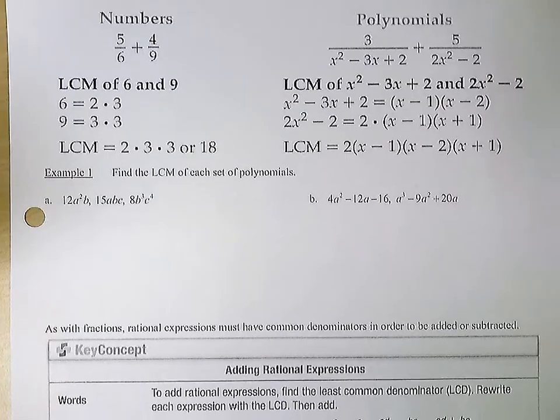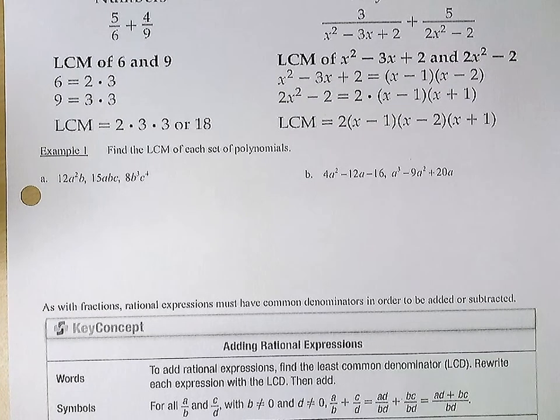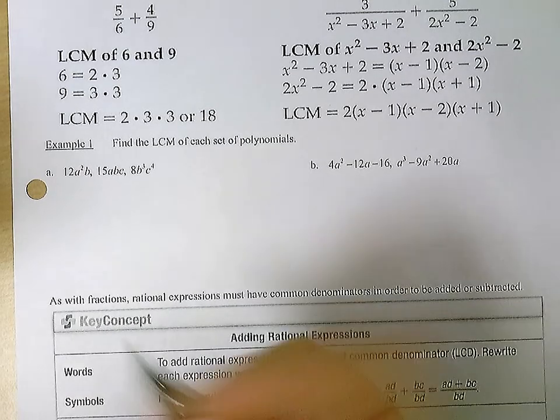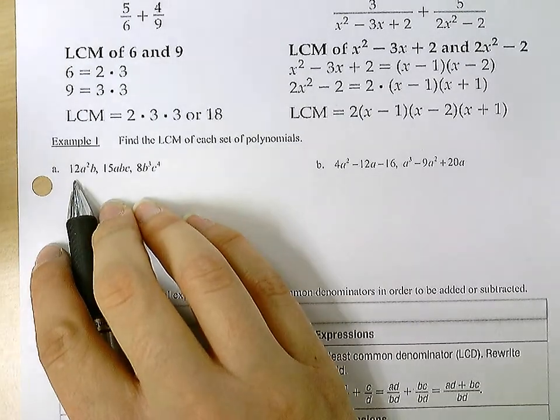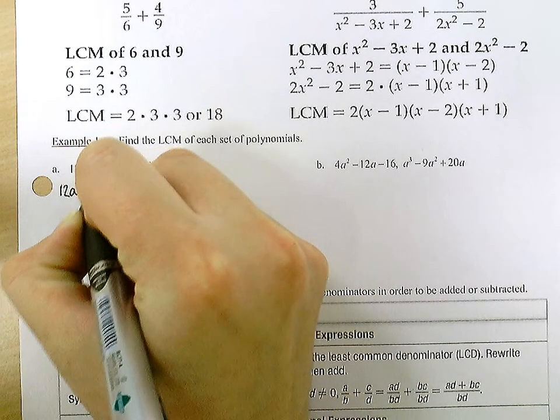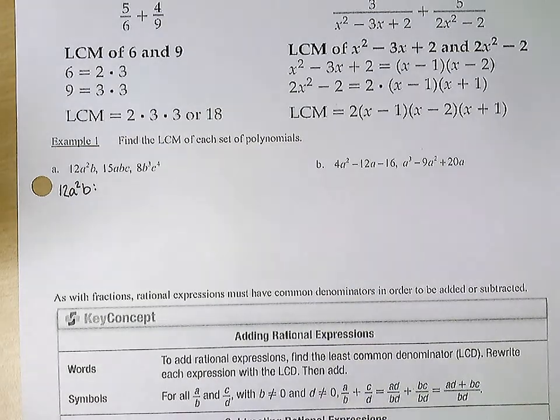So we are going to practice this with a couple examples here. We want to find the LCM of these three terms. I need to factor 12a squared b. I need the factors of 12. That's 2 and 6.